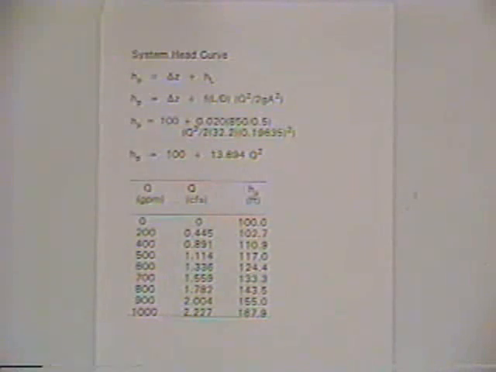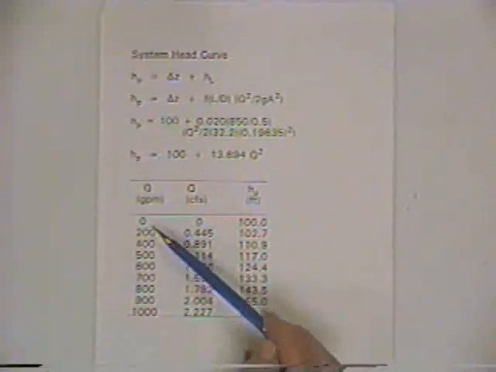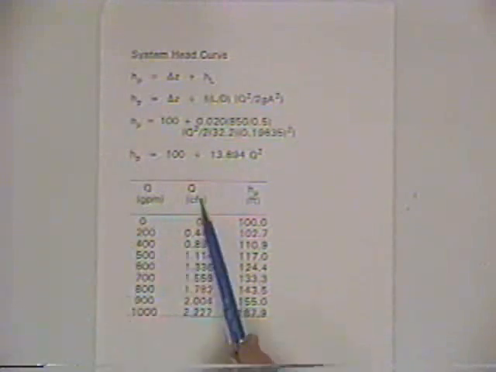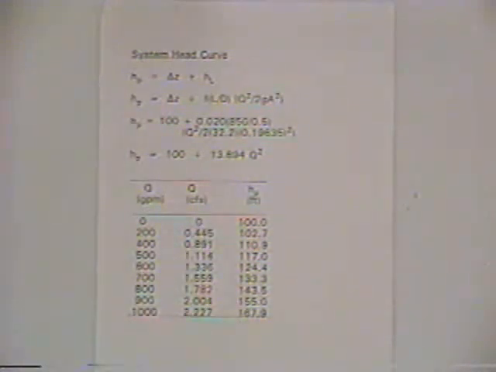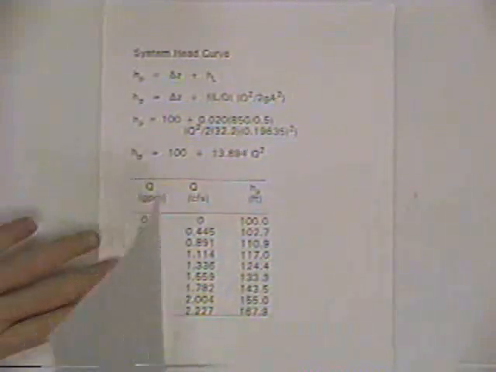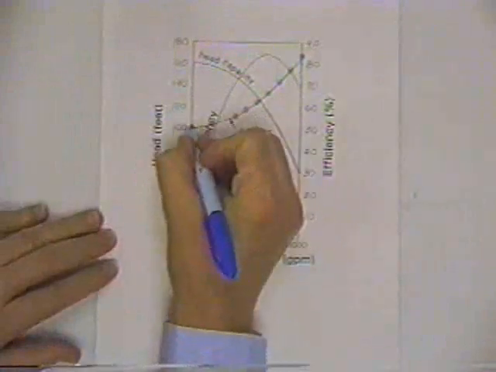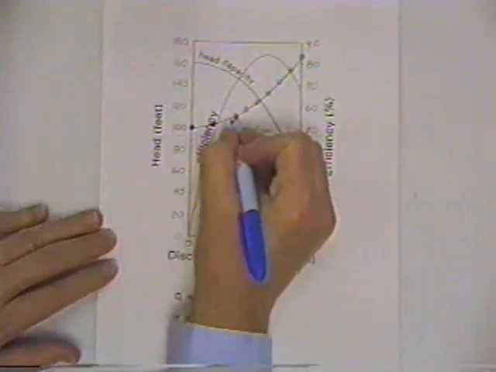And so if we wanted to illustrate it in the graph, we would just say for different Qs, and the graph's in gallons per minute, so the Qs are in cubic feet per second, conversion factor. We can plug in the Qs and get the pumping head. And we just computed these points.